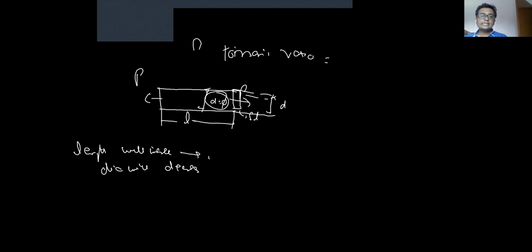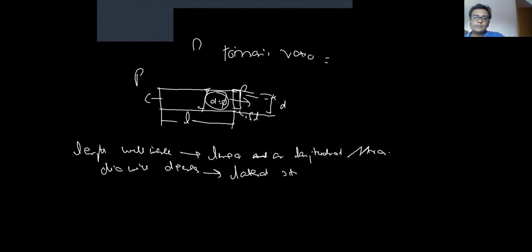Means there is a linear or longitudinal strain, right? But the diameter also gets decreased, so this is known as the lateral strain, or in few words, the strain in the lateral direction.